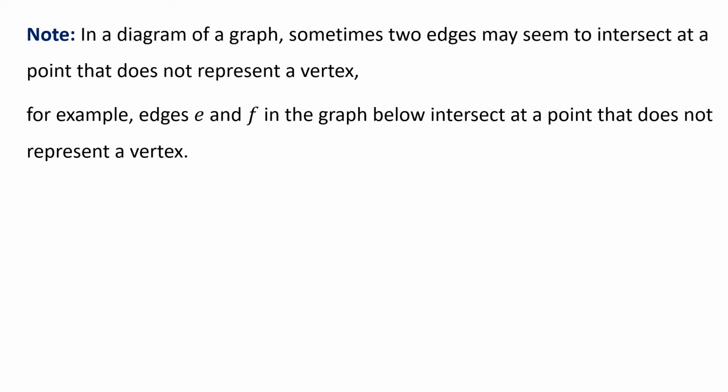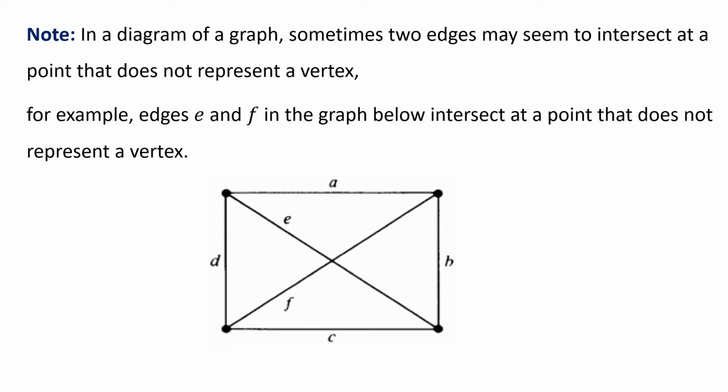For example, edges E and F in the graph below intersect at a point that does not represent a vertex. Now see the graph. Edge E is this and edge F is this. They seem to intersect at this point, but this point is not a vertex.